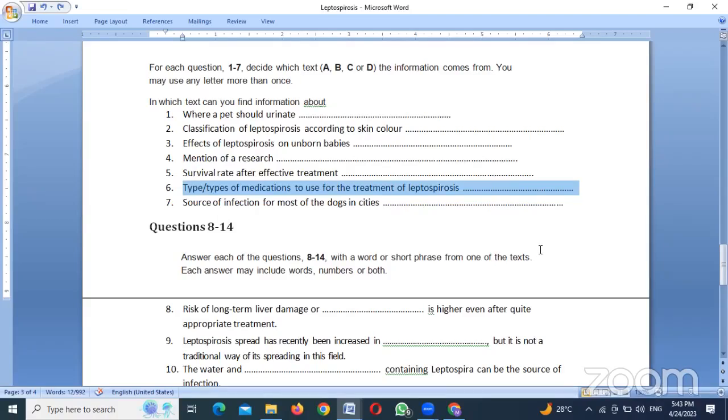I think it was paragraph B, or the types of text, or text D, medication, treatment, I think so. So where is it possible to find the answer to this question? People write in the chat, please. In D?